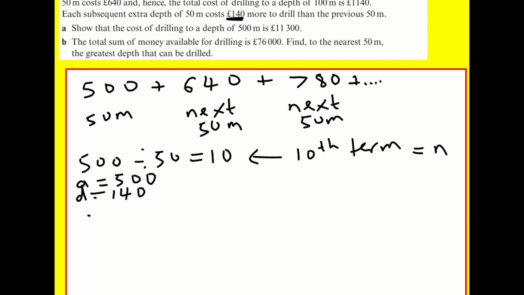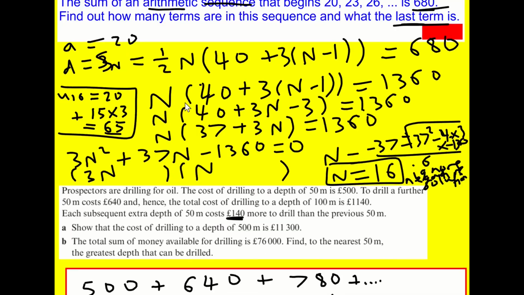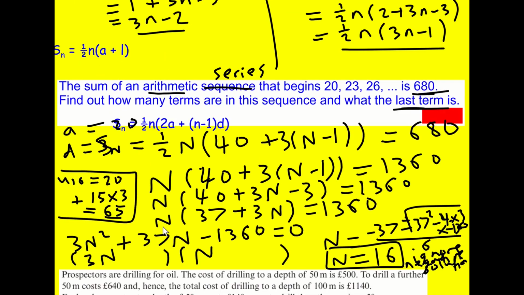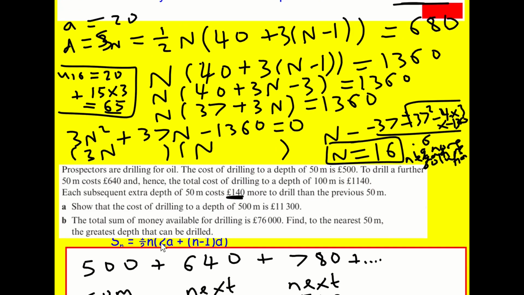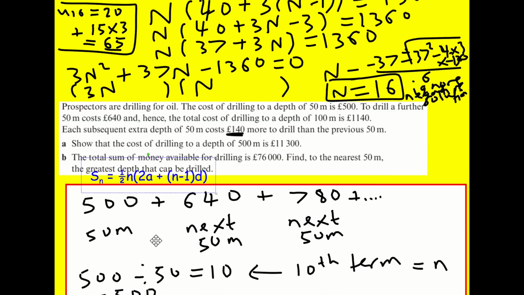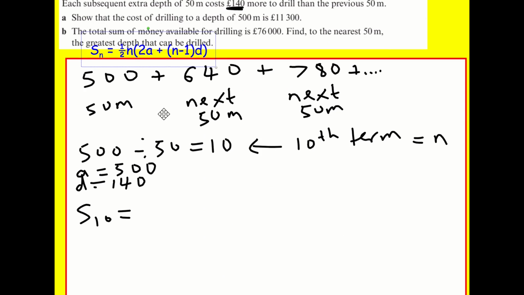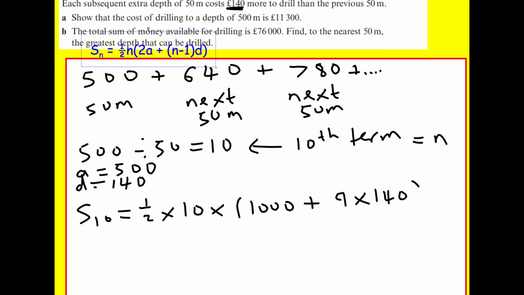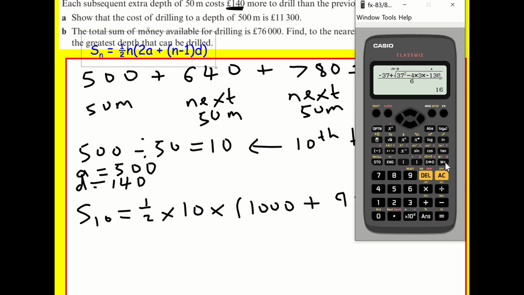So S10 is going to equal, let's just bring back our formula from before, a half times 10 times 1000 plus 9 times 140.